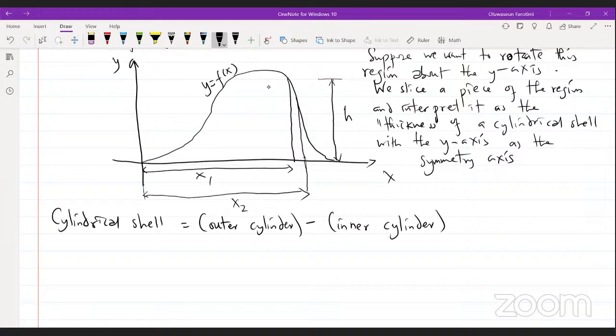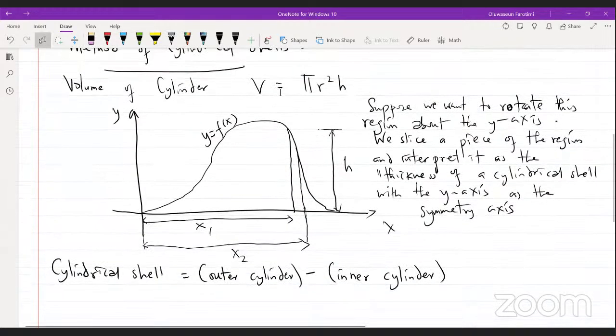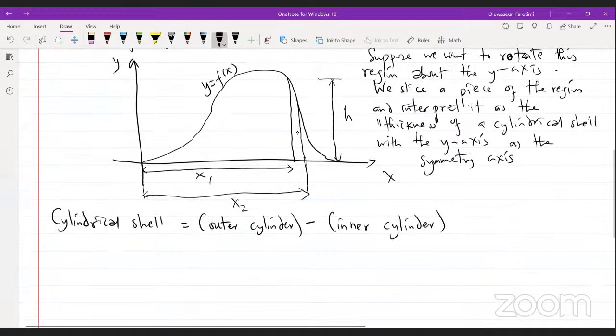Just some seconds ago I told you the volume of a cylinder is pi r squared h. But in this case we don't have r, so this is going to be pi x2 squared h, minus pi x1 squared h.